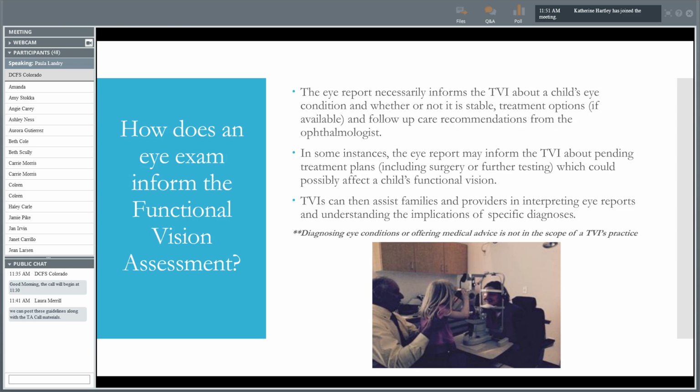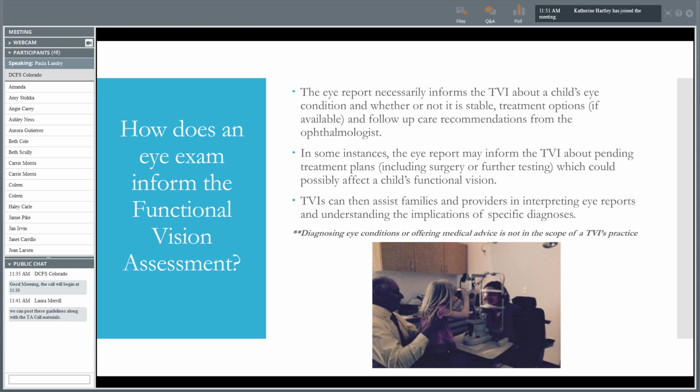So the next slide is how does the eye exam inform the functional vision assessment? Once we know what the eye condition is, we often have a pretty general idea of how the child is using their vision, what the capacity is and what the severity can be.